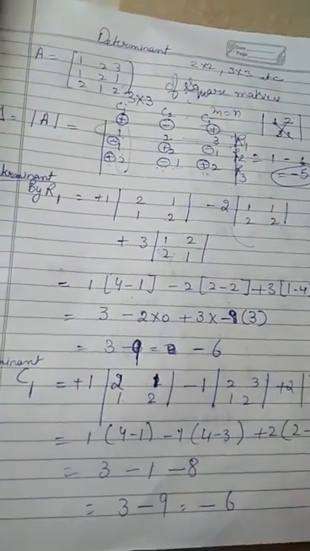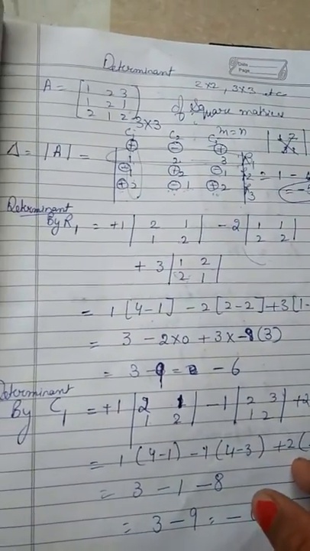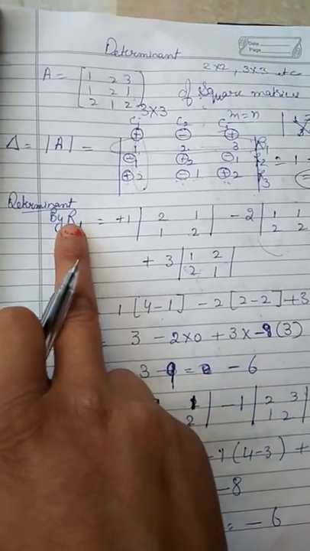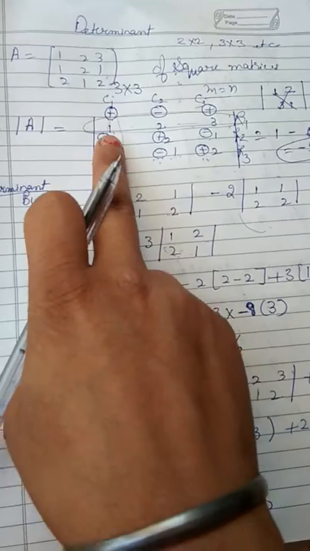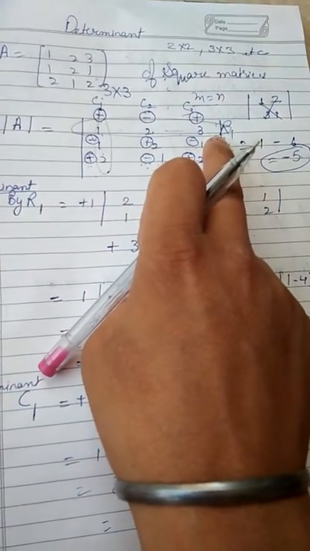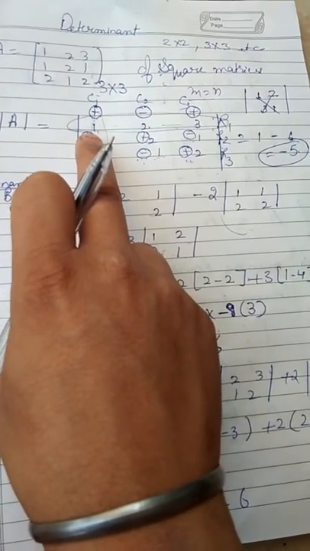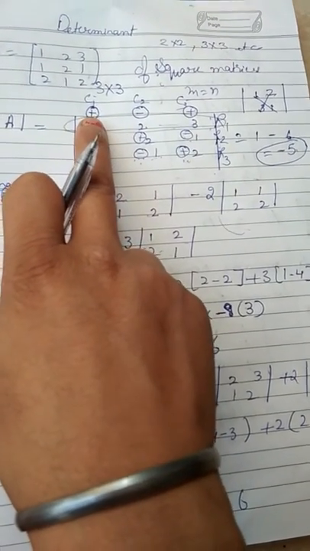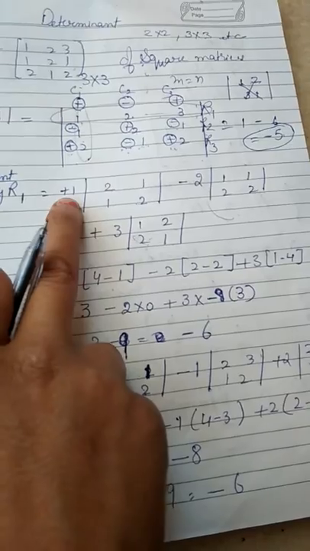Now let's see how to find the determinant by expanding row 1. First of all, if we are taking row 1, we will take the elements of row 1. Here 1, the sign is positive, plus 1.